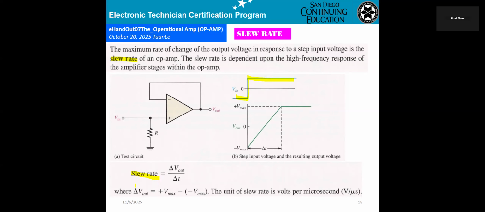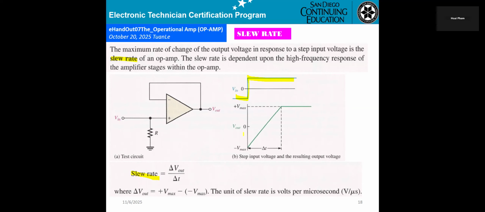They say it equals delta Vout divided by delta T. So basically, with this unity gain, input and output will be the same. However, they're not. You see, the input goes from negative to positive straight.